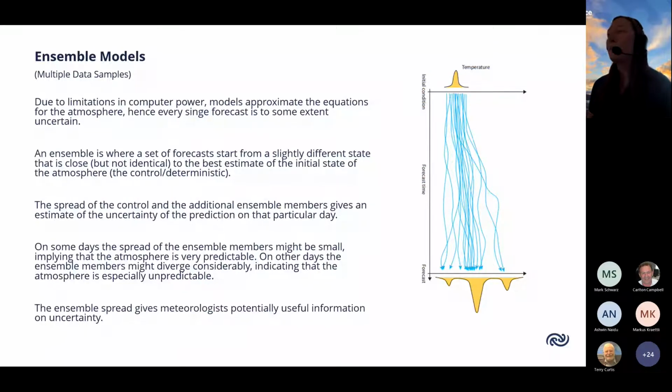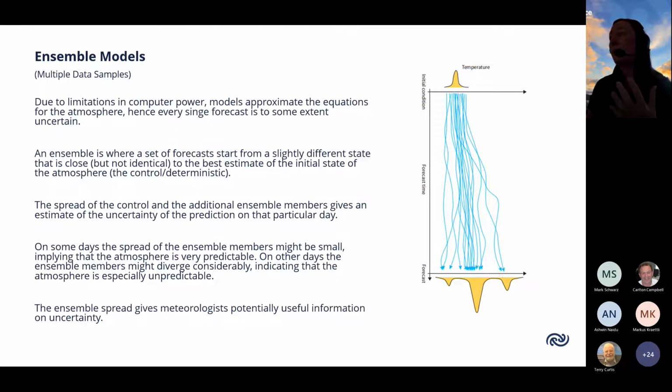And the other sorts of models that we use, which again, Chris also mentioned, is ensemble models. And so that's when we look at multiple data sets. So with regards to our global deterministic models, they are taking the best guess of the atmosphere and running with it. Our ensembles slightly adjust the best guess of the atmosphere and run with that, which gives us an idea of spread or uncertainty.